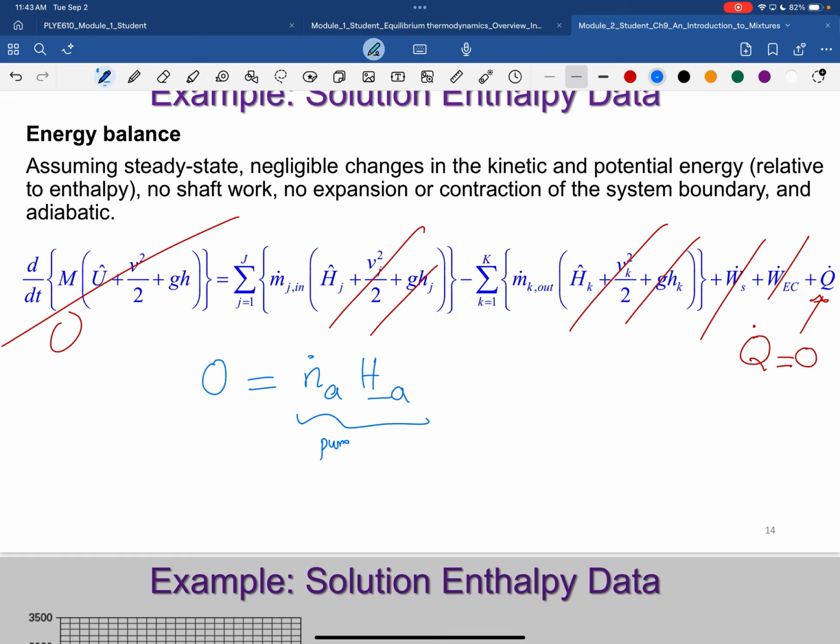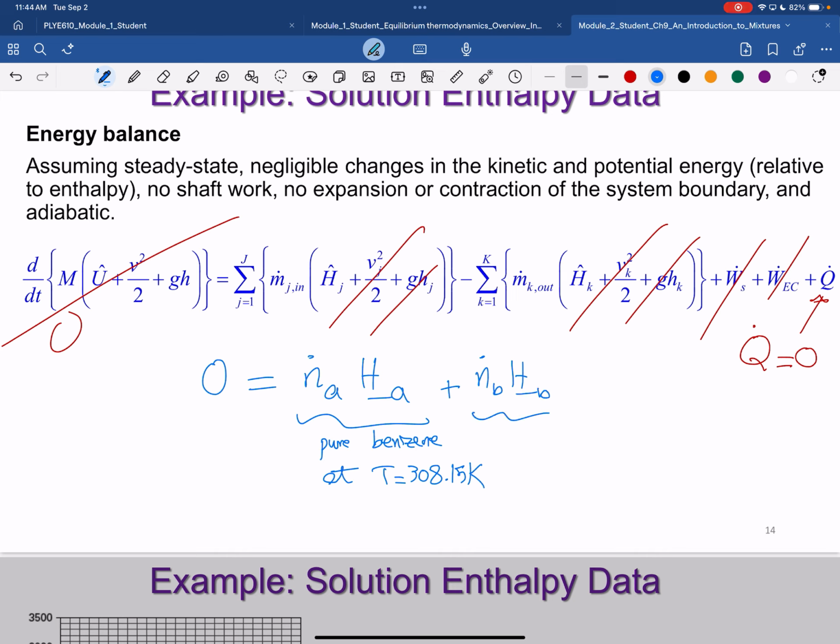It's pure benzene at T 308.15 K, plus whatever comes from stream B, the enthalpy of that.